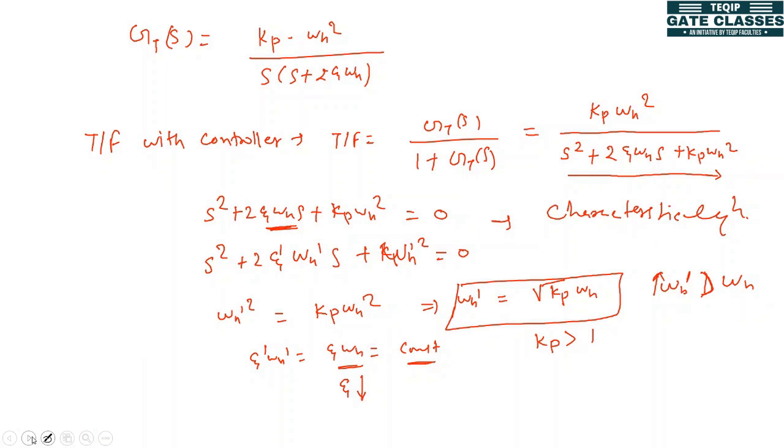Since zeta omega n is constant, if the natural frequency increases, the damping coefficient zeta will decrease. Since zeta omega n is constant and the natural frequency of oscillation omega n is increasing, zeta will decrease.